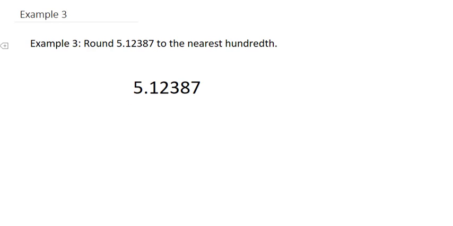Example 3. We're rounding the same number, except now we're rounding it to the hundredths place. So let's remember that we go from the ones to the tenths to the hundredths. Underline that too, because that's our hundredths location. So now we're going to circle the 3, because that's going to indicate if we round up or down.